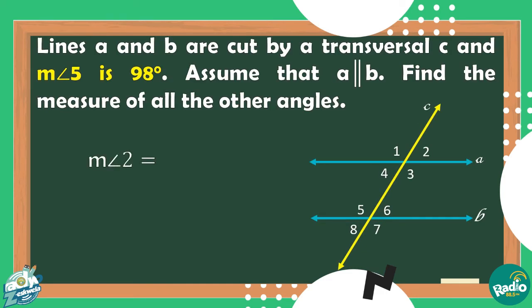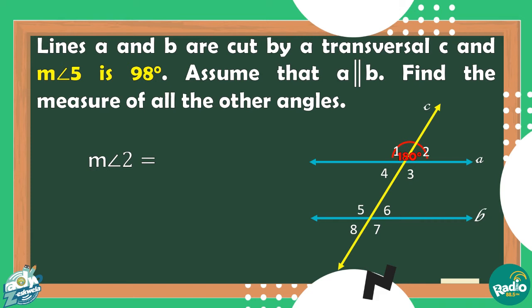Next is the measure of angle 2. As observed in the figure, angles 1 and 2 are on the same line, which is line A. And we all know that if two angles are on the same straight line, it will result to 180 degrees.